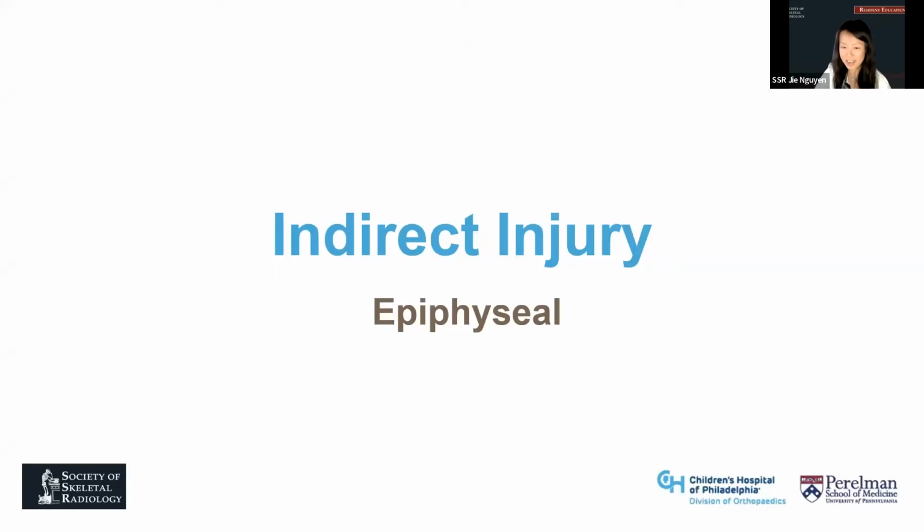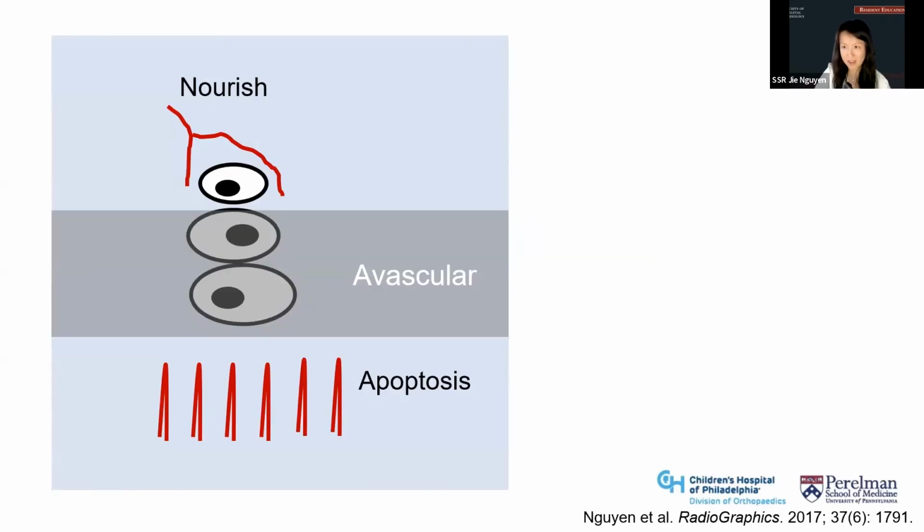Okay, so indirect injury, and now we're going to look at epiphyseal indirect injury and then followed by metaphyseal indirect injury. So going back to our little cartoon here. If you affect the epiphysis, you're removing that nourishing blood to the chondrocytes.